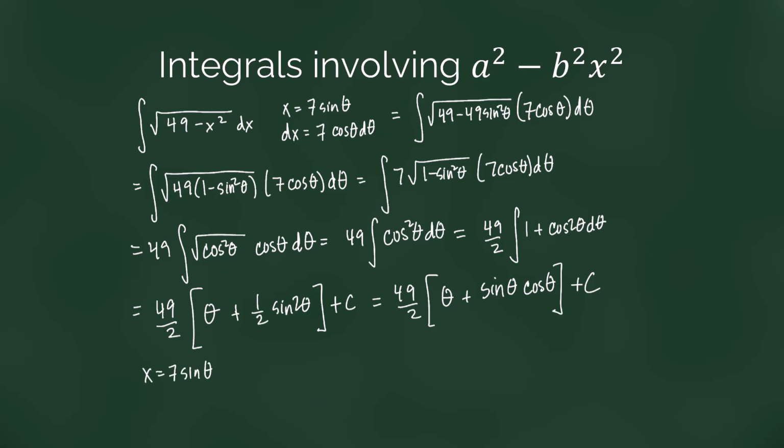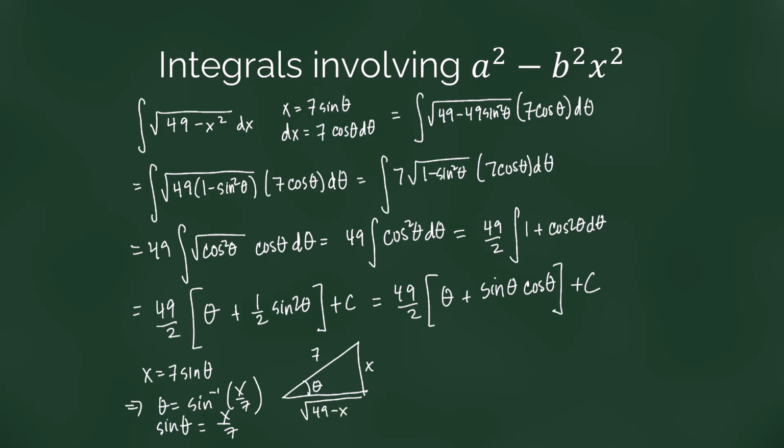Now, our original problem was not in terms of theta, it was in terms of x, so we need to get back to x's. So we'll notice that x is equal to 7 sine theta tells us that theta must be the inverse sine of x over 7. If we think about this in terms of a triangle, we already know by our original substitution that sine of theta is x over 7, but we still need to know cosine theta.